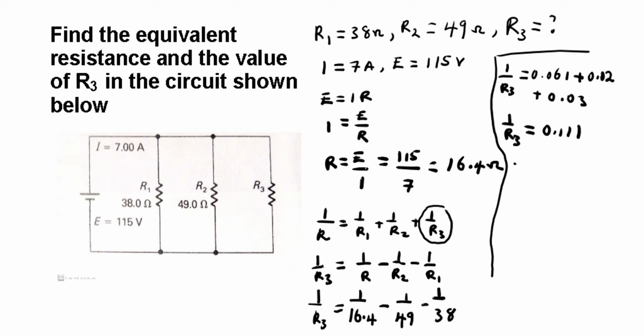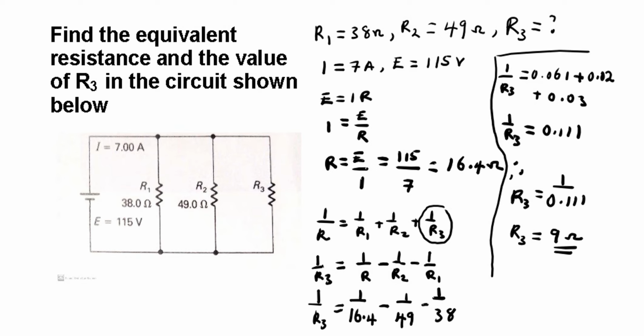Therefore, our R3 will now be the inverse of 0.111, 1 over 0.111. So we have the value as 9. Therefore, R3 equals 9 ohms.